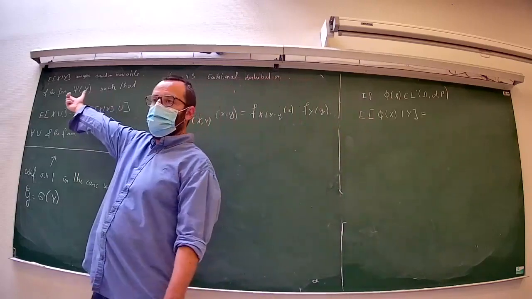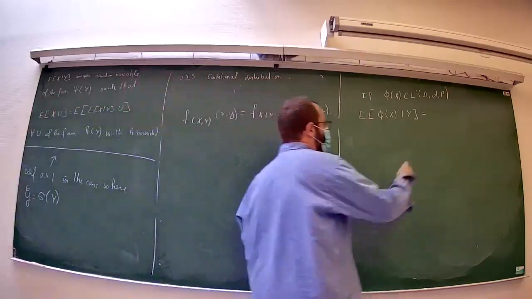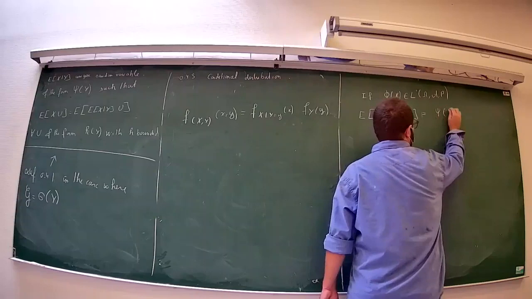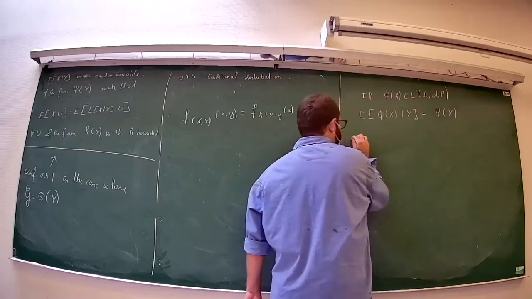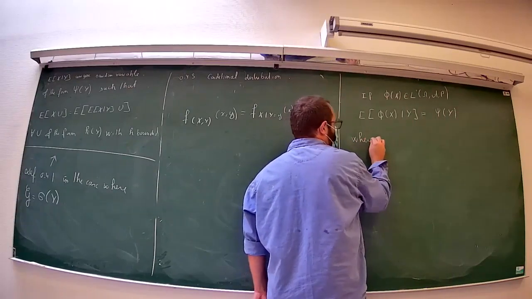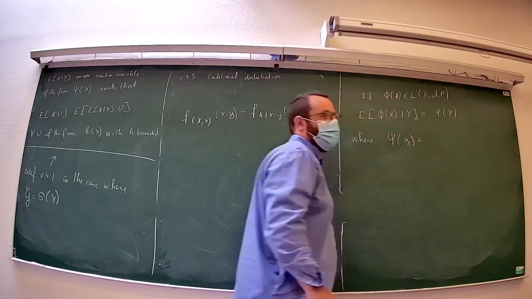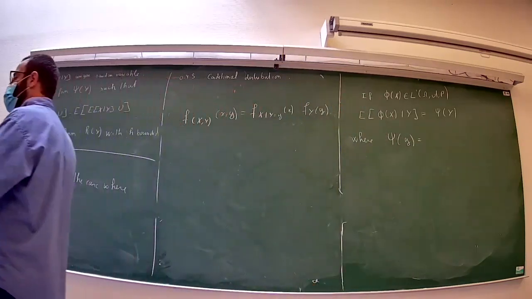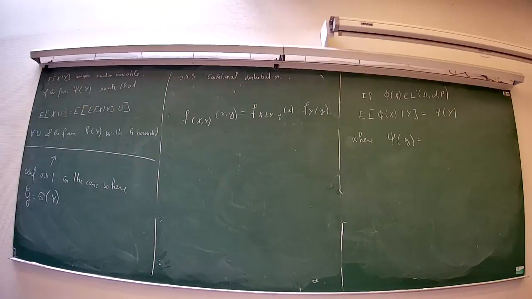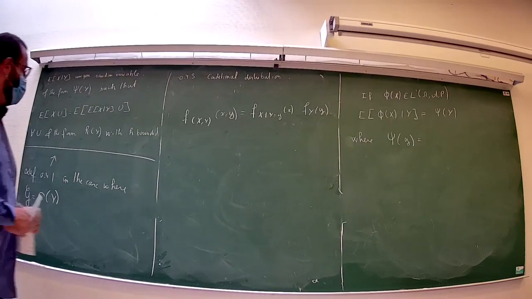To a function of y, psi of y, where it is very easy to compute psi, in the sense that it is not more complicated than computing an integral. That is, computing a conditional expectation is not more complicated than computing an expectation.